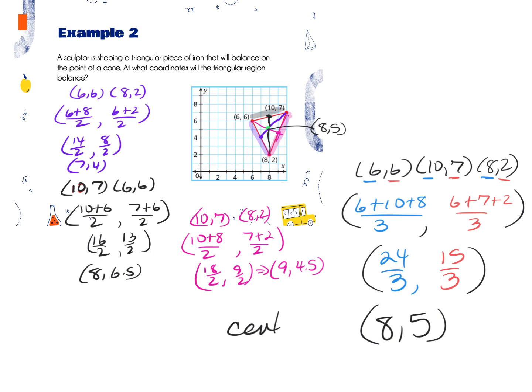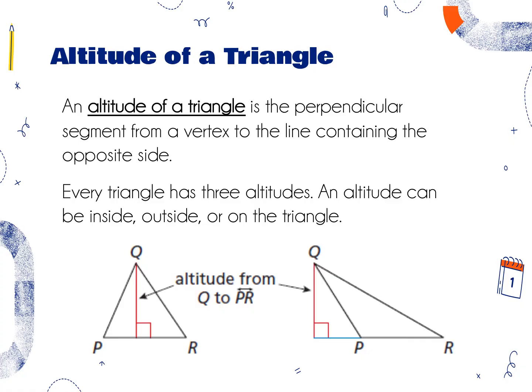And this is the coordinates for your centroid. Remember, the centroid is always located inside the triangle. So this trick works no matter what type of triangle they give you. If it only asks you to calculate the centroid, add the x's, divide by 3, add the y's, divide by 3, and you're done. So next we're going to talk about an altitude of a triangle.